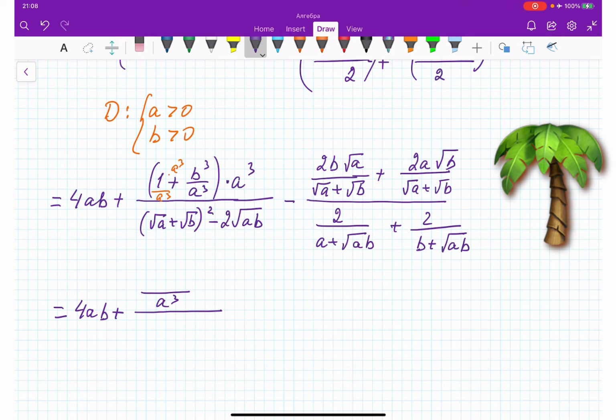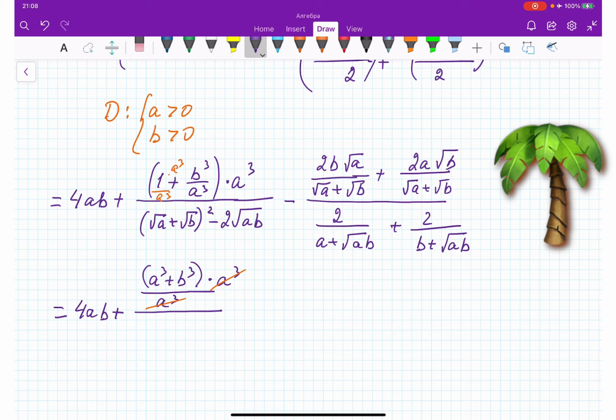And we are getting here a cubed plus b cubed times a cubed, which is going to cancel right away, right? And in denominator, what am I going to get in denominator? Square root a plus square root b squared minus 2 square root ab.